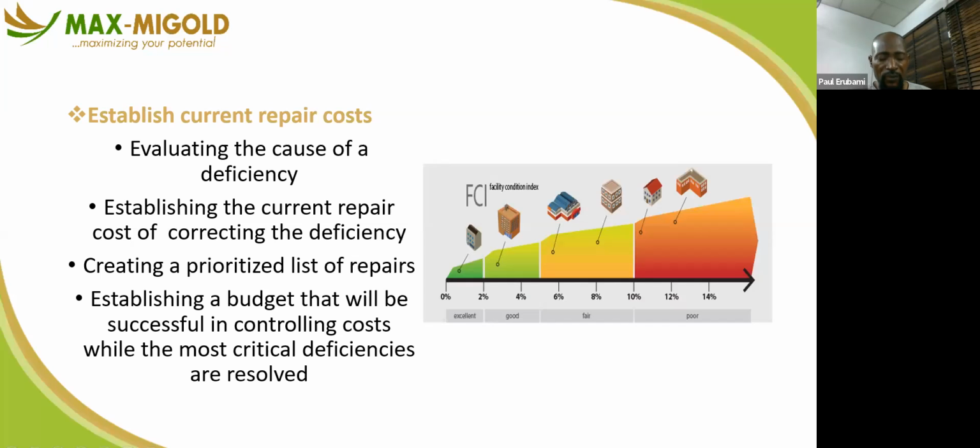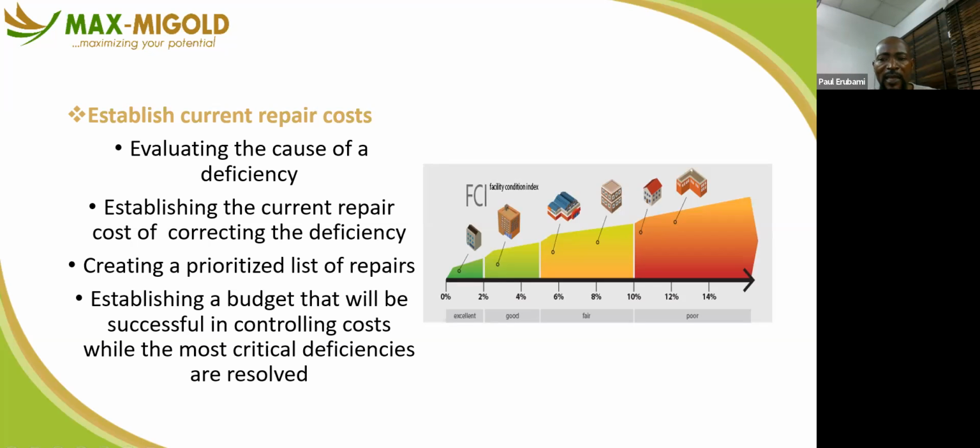So when you have your assessment and you reach your index, and you have the ratio between 0 and 2%, that means your facility is what? Excellent. If you have it between 2 and 4%, the facility is still in good condition. If you have it between 5% and 10%, the facility is in a fair condition. But anything above 10% means that facility is in a very poor condition.